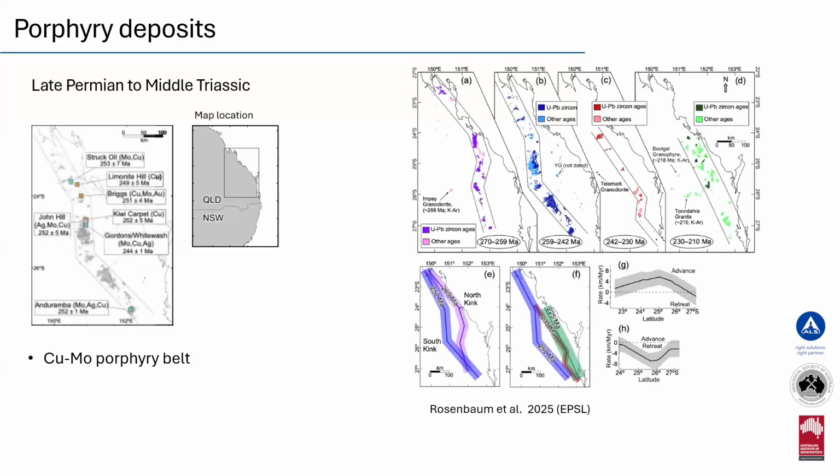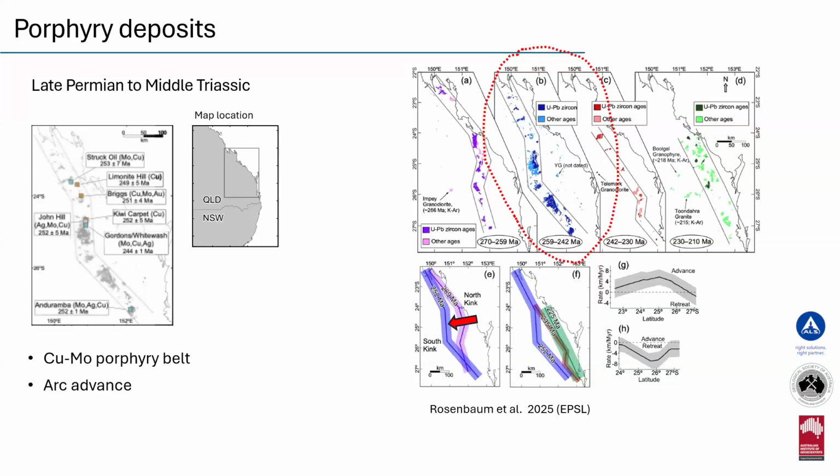It's interesting, their spatio-temporal occurrence, because from the work that we did last year, mapping the evolution of the arc through time in the Permo-Triassic, we were able to see that the segment where the porphyry deposits sit, linked to that arc segment in time, is the segment that was subjected to arc advance, creating this kink in the magmatic arc.